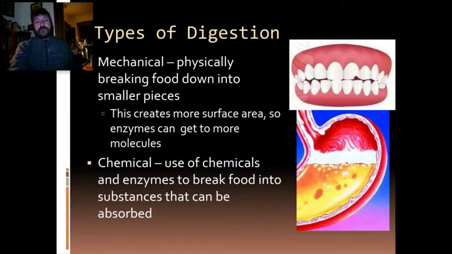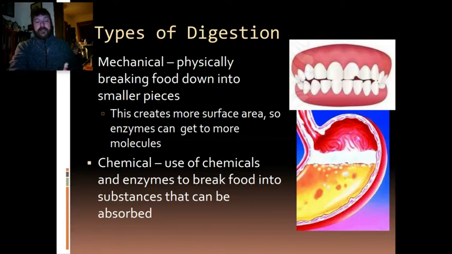As that food is moving down through your esophagus, it is getting squeezed, and that also helps to increase the surface area to make it more of a kind of a goopy mess, I guess. When it enters your stomach, chemical digestion really starts to kick in. Although in your mouth, there is chemical digestion beginning because there's salivary amylase, which is an enzyme that starts to break down starch.